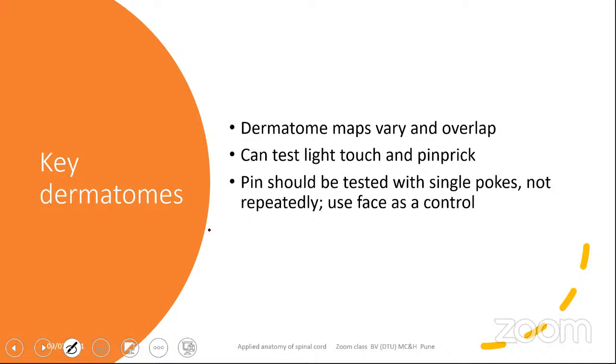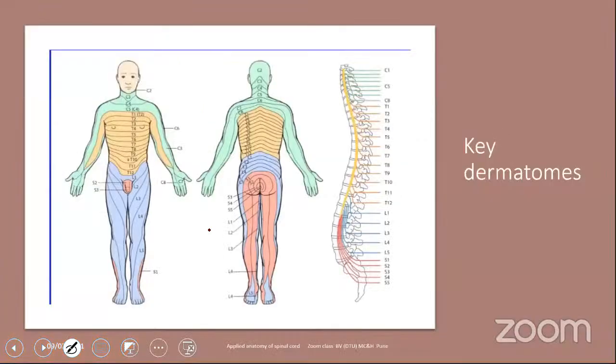For that, you should understand what the dermatomes are. And you see the key dermatomes in this figure. You can see C3, which is in the neck, C4 in the apical region we call, and C2 is here. C1 is not available. You can see C2 is on the back of the head.